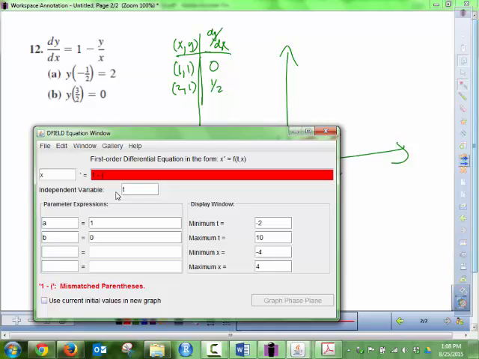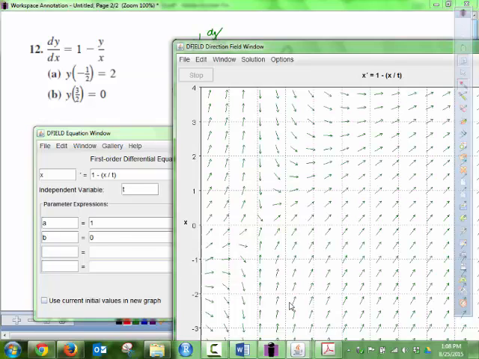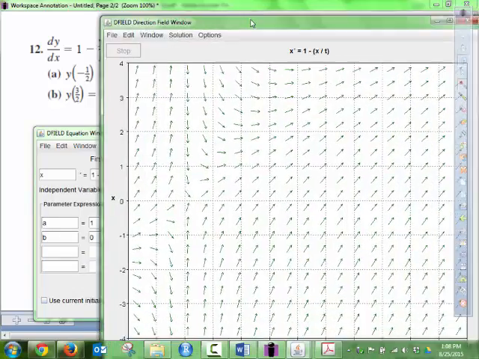The y is the independent variable, so in this program it's x, and then we'll divide it by t, and then close it. I don't need any parameter changes or anything like that. This allows you to explore different families. So let's just take a graph of that field, and it would look something like this.